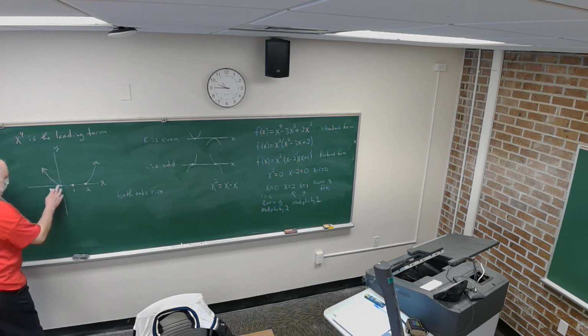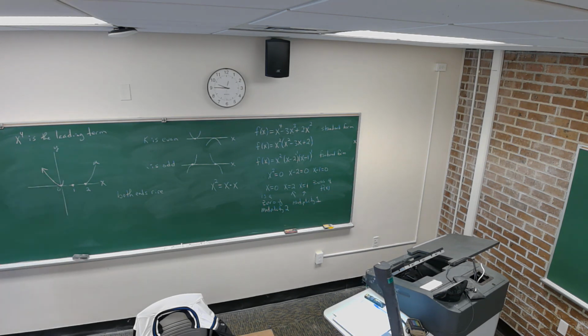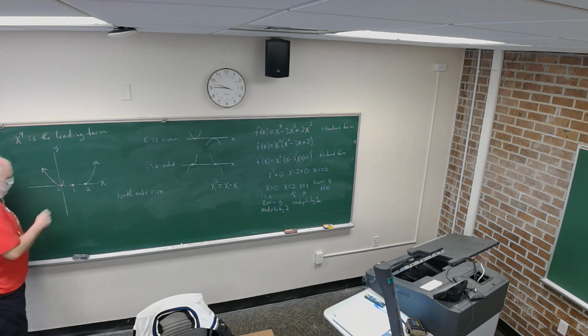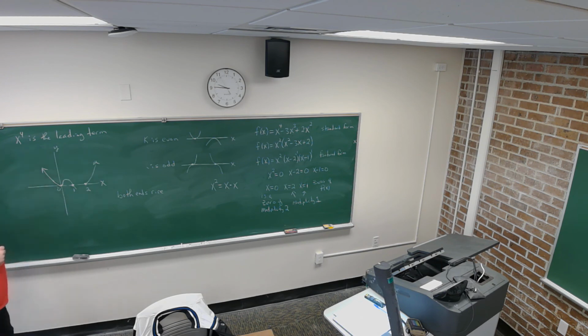So the graph is going to come down, touch the x-axis at x equals 0, and then turn around and go back up again. But x equals 1 is a zero with multiplicity 1. That's odd. So the graph's going to cross at x equals 1. The graph has to form a turning point and then turn around and cross the x-axis at x equals 1.